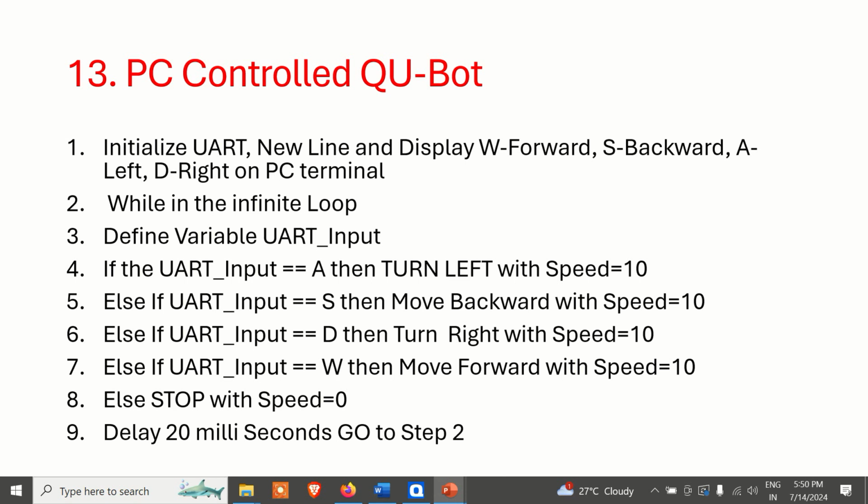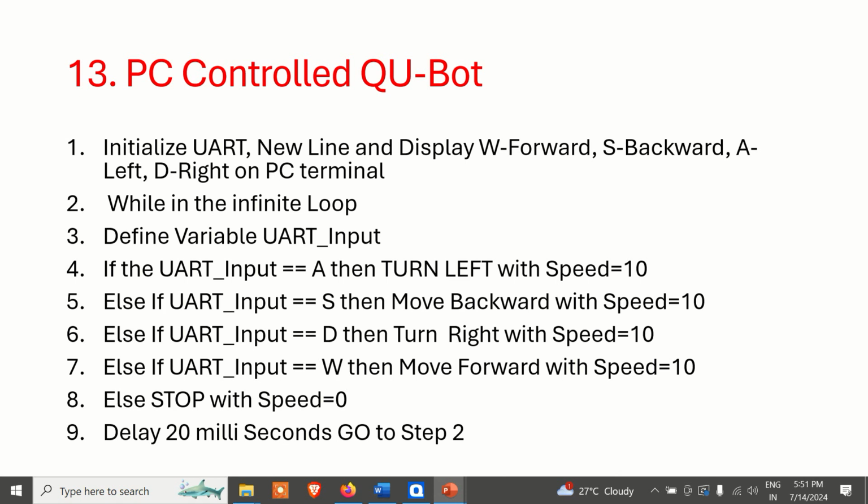The ASCII values the computer is continuously sending to the QU board. QU board will compare any of these four keys pressed with the equivalent ASCII values. If the comparison matches, then corresponding motors will be on. If none of the four conditions are satisfied, the motor should stop, and again you should go back to step number 2 in the infinite loop.